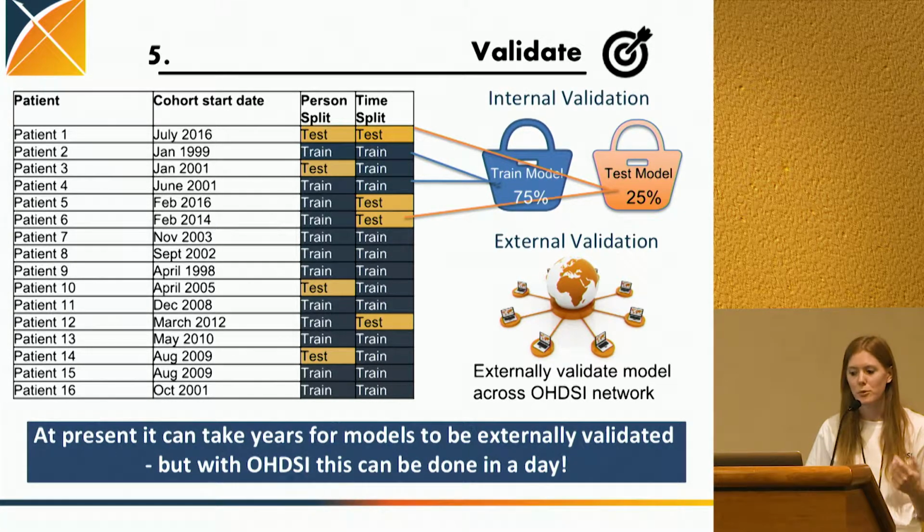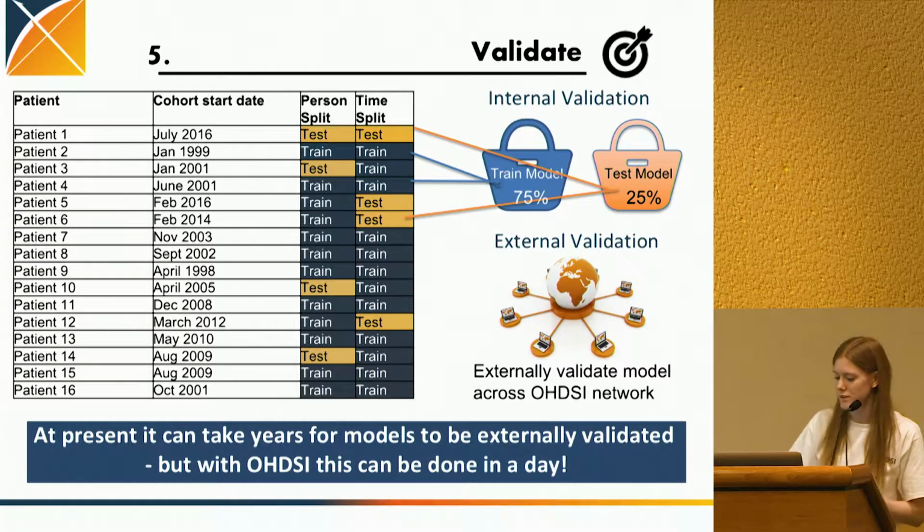And this can see whether the model's able to do a prediction at a later point in time using the older data, because when you're developing a model, you're going to be applying it to data in the future. So this is a more realistic evaluation of how well the model's going to do, and it can tell you if there are temporal changes that might impact your performance when you're applying your model.